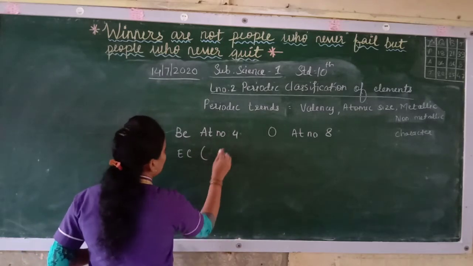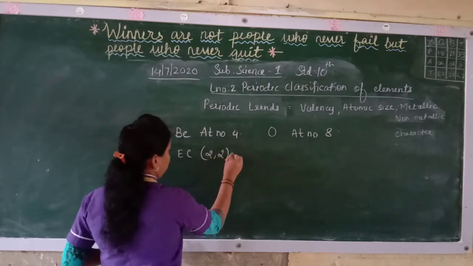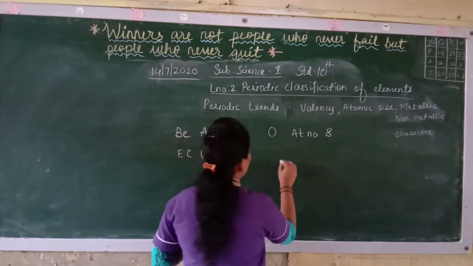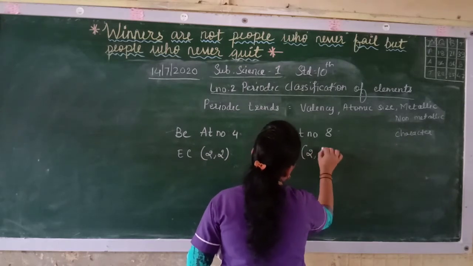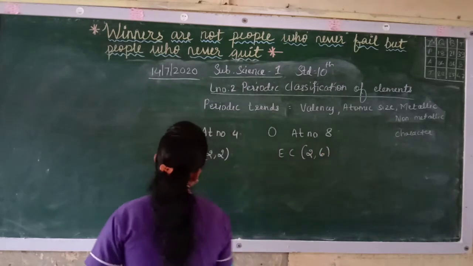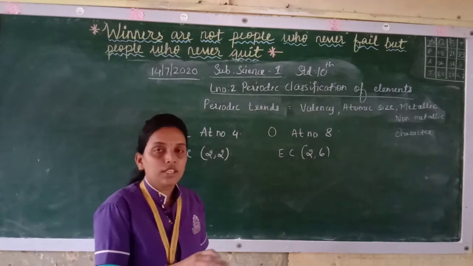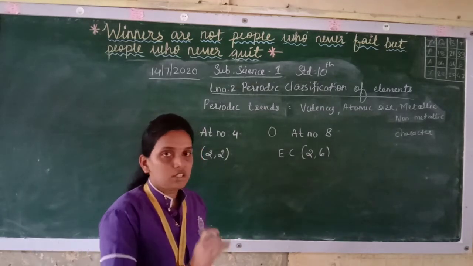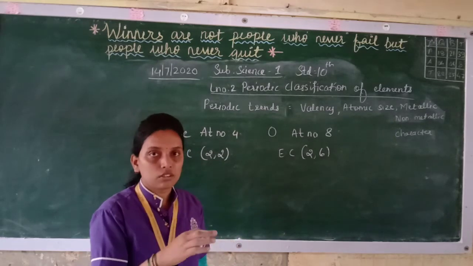What you will get? For beryllium, 4, so you will get 2, 2. For oxygen, electronic configuration, you will get 2, 6. Now if you see the outermost electrons over here, 2. If the outermost electrons are 1 to 4, then that element will donate those electrons.